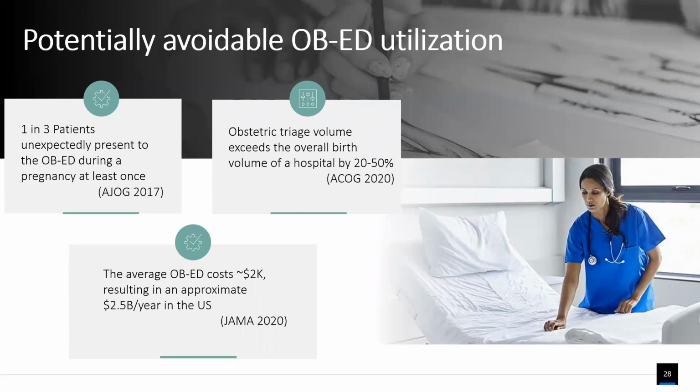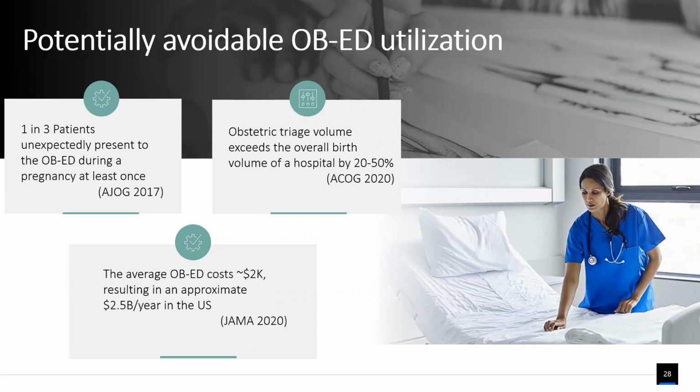So we had mentioned OB emergency room visits in terms of the burden to the patients and the anxiety that provokes for the patient. One in 3 patients end up having a triage visit in pregnancy that's not a delivery, but just a triage visit. And the volume of obstetric triage in most hospitals actually exceeds the entire birth volume, right? So you have more visits to the emergency room than you actually have births by up to 50%.